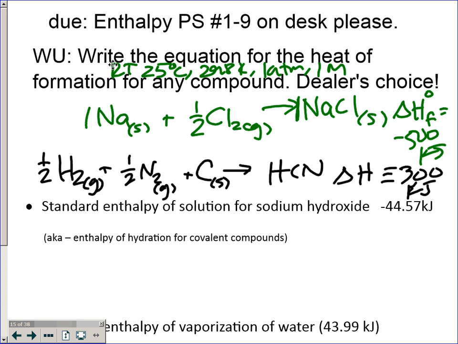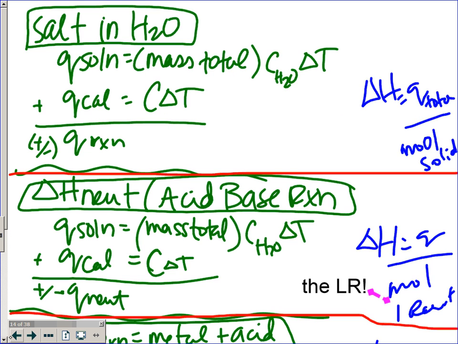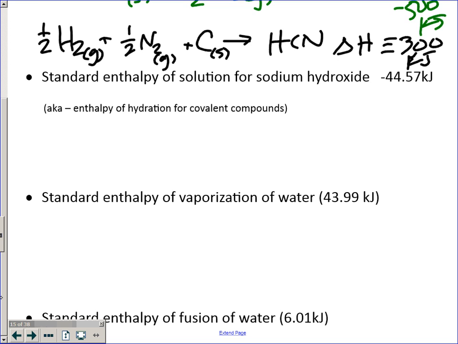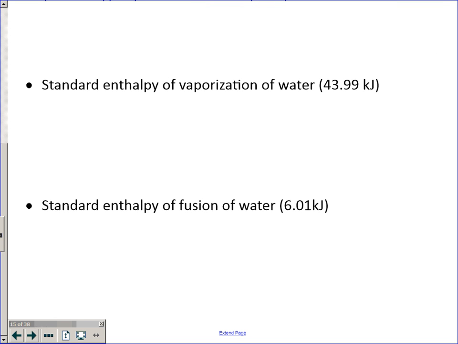I just want to do one more of these to verify you guys can write these out. Take a second and write down the vaporization of water and fusion of water, including the standard enthalpy value for that. Hopefully it takes you about 30 seconds. And have your homework out for me because we're going to try a couple of those shortly.